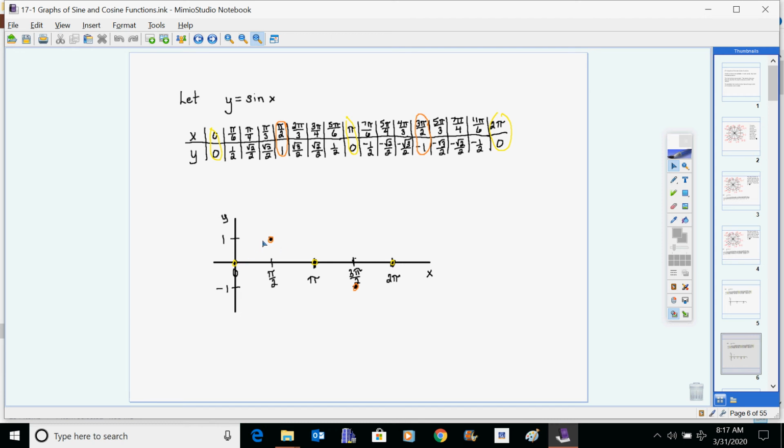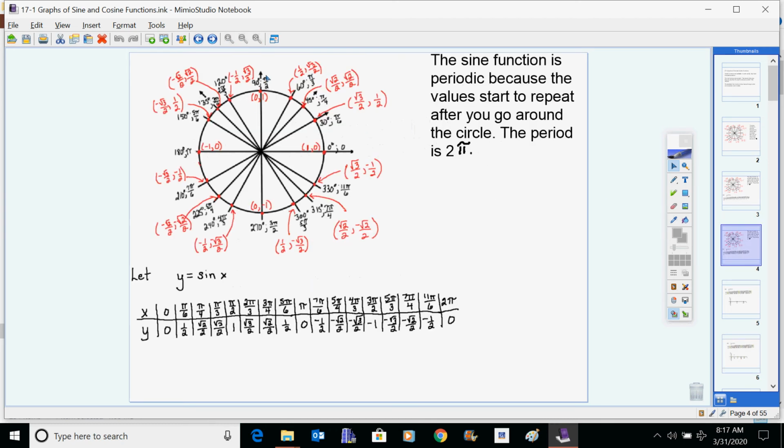But the thing is that these values, when you're thinking about the unit circle, that come from here and from here, those are basically the limits. That's going to be as big as the y values get. I want you to be thinking the y values are actually the values that are going from here to here.